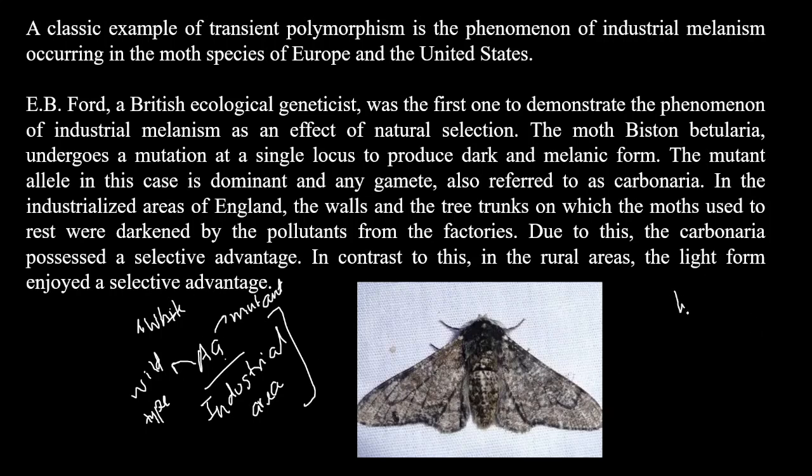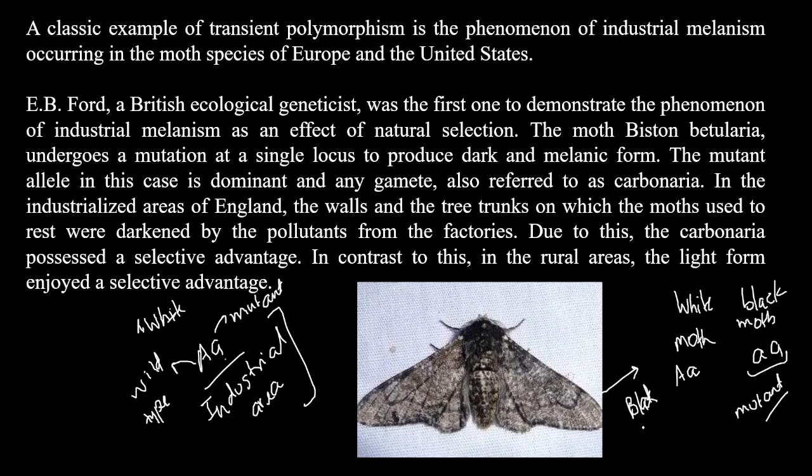So if you see here, in the white moth you will say capital A small a, but in the black moth you will say only the mutant allele. So because of this mutation, these moths become black, as you can see here also. This is the black moth.